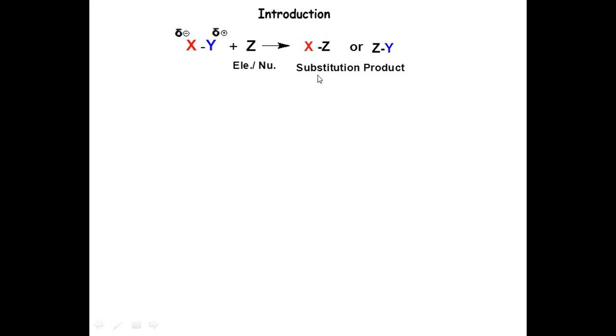And if Z is nucleophilic in nature, then it will be electron rich and it will replace X, and you will get ZY as a nucleophilic substitution product. So for the time being, just understand, substitution means replacing one atom or group of atoms in the reactant so that you get a new product.